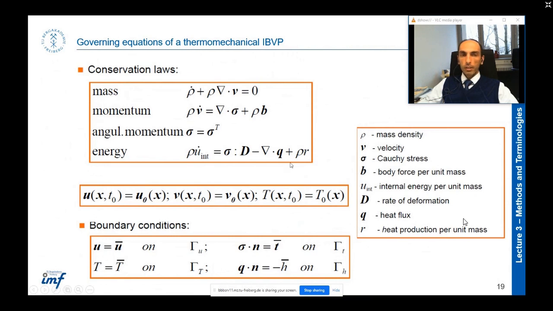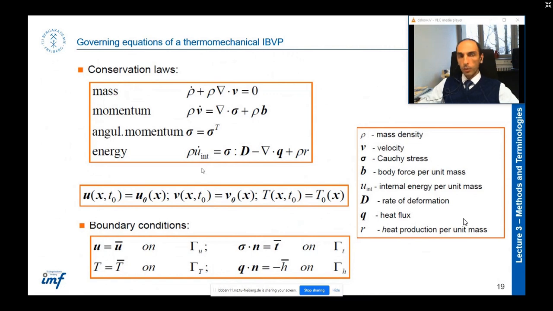This is the energy equilibrium equation, with the gradient of the heat and so on. Then you can see what basic equations are used in metal forming.